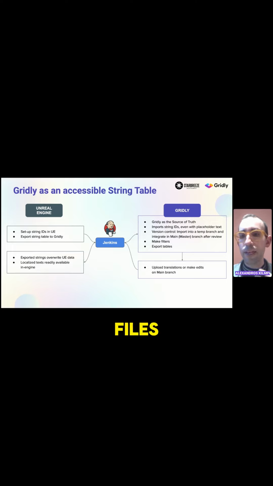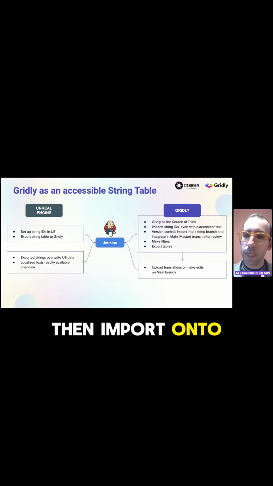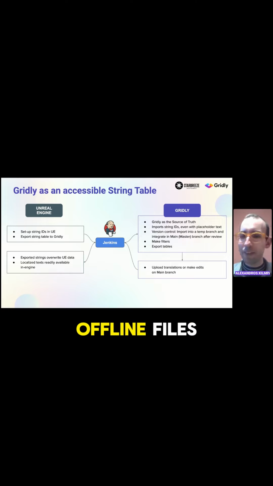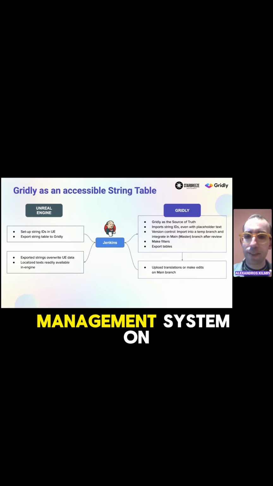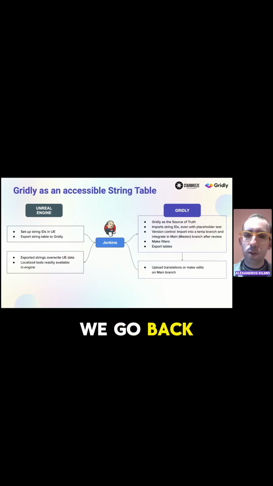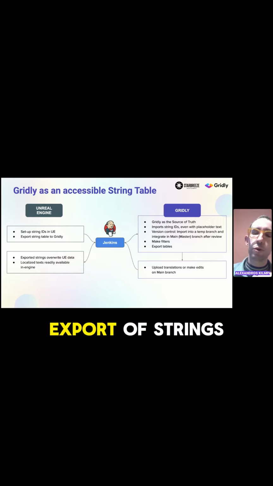They are offline files that we can then import onto Gridly. Gridly automatically picks up the right data from the offline files and uploads it on the content management system on Gridly.